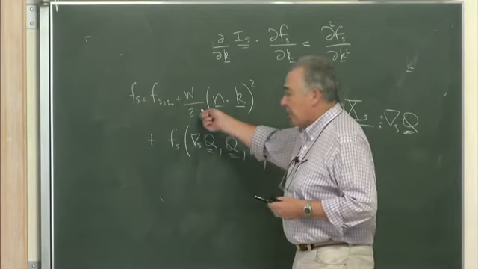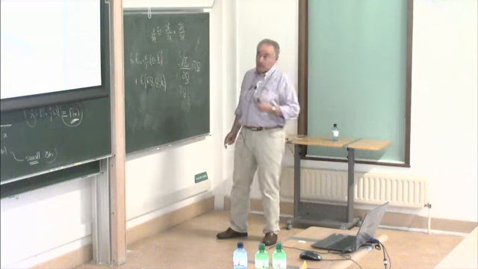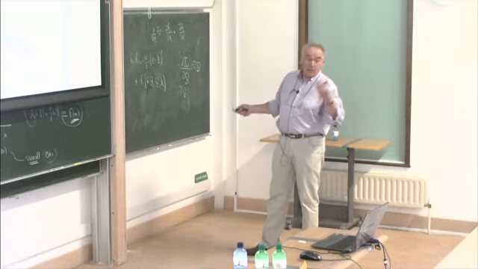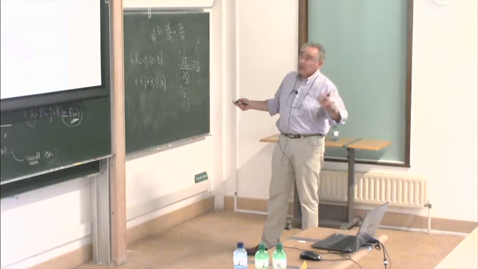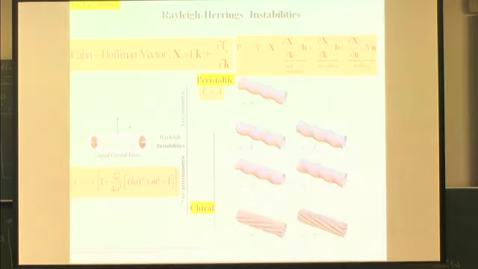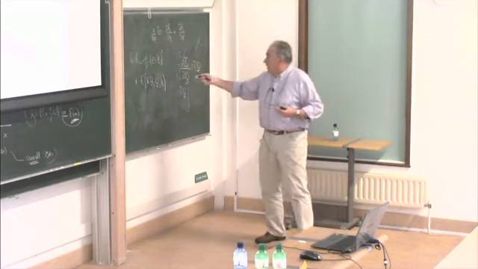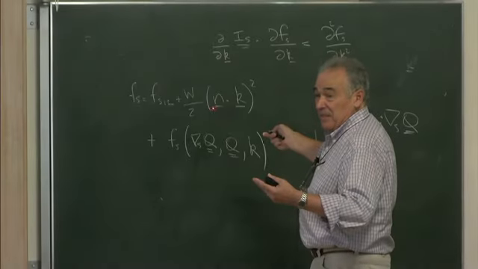So this is the anchoring part. When you take the derivative of this with respect to K, you get X parallel here. And this X parallel then is a function of N.